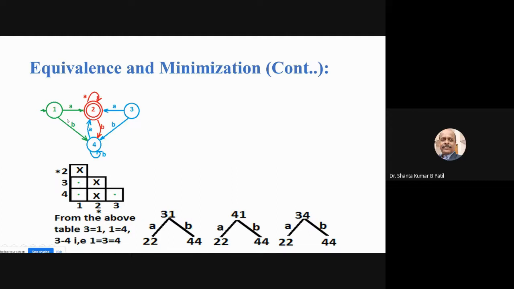So once you come to know that 1, 3 and 4 are equal, replace these three states by one state and mark the state name as 1 is equal to 3 is equal to 4 like this. 1 is equal to 3 is equal to 4 and 2. 2 is a final state.